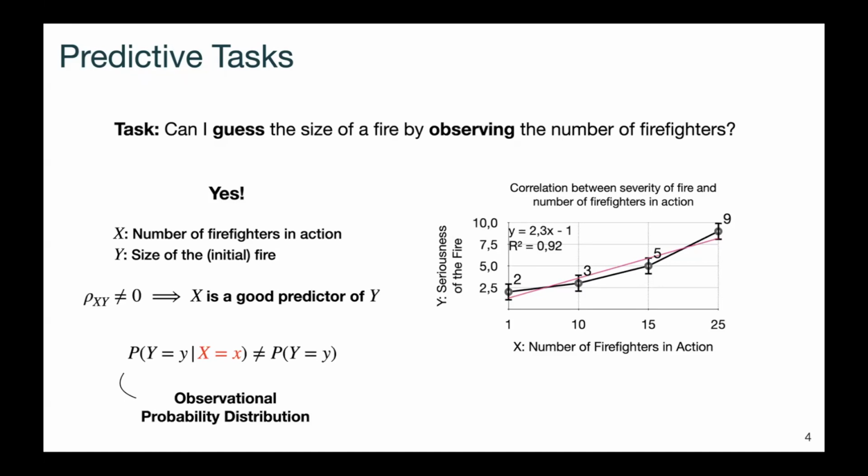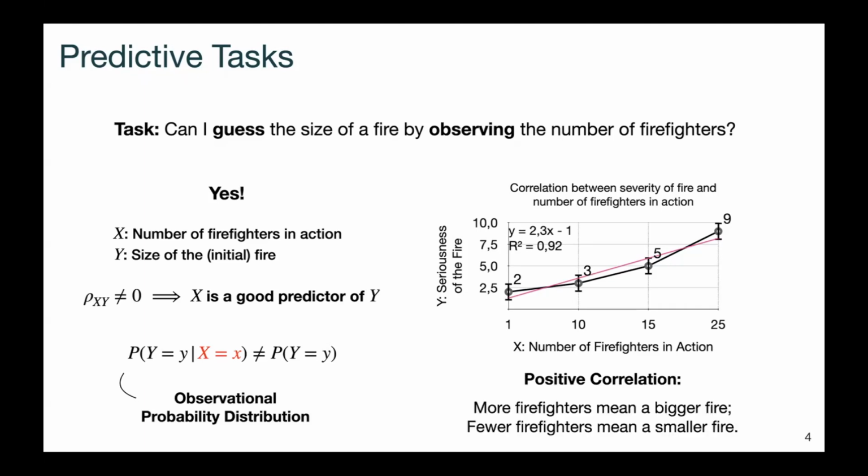It's observational because you use observations to see how a probability changes given an observation. The probability of y changes once you observe the value of x. In this case we have a positive correlation, so we can say that more firefighters means a bigger fire, and fewer firefighters mean a smaller fire.